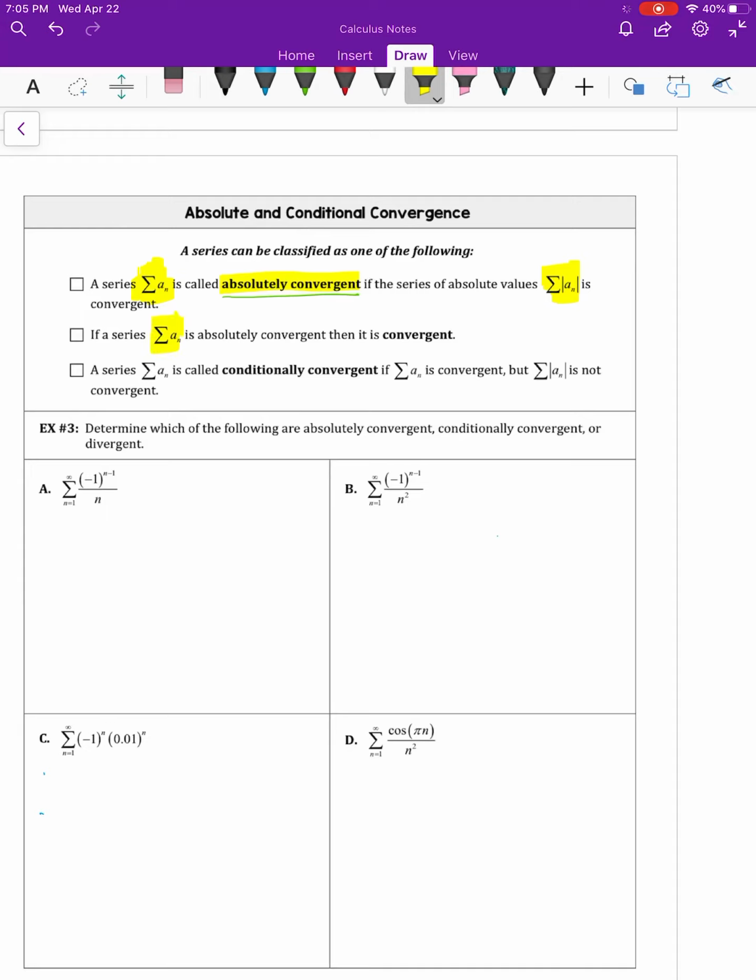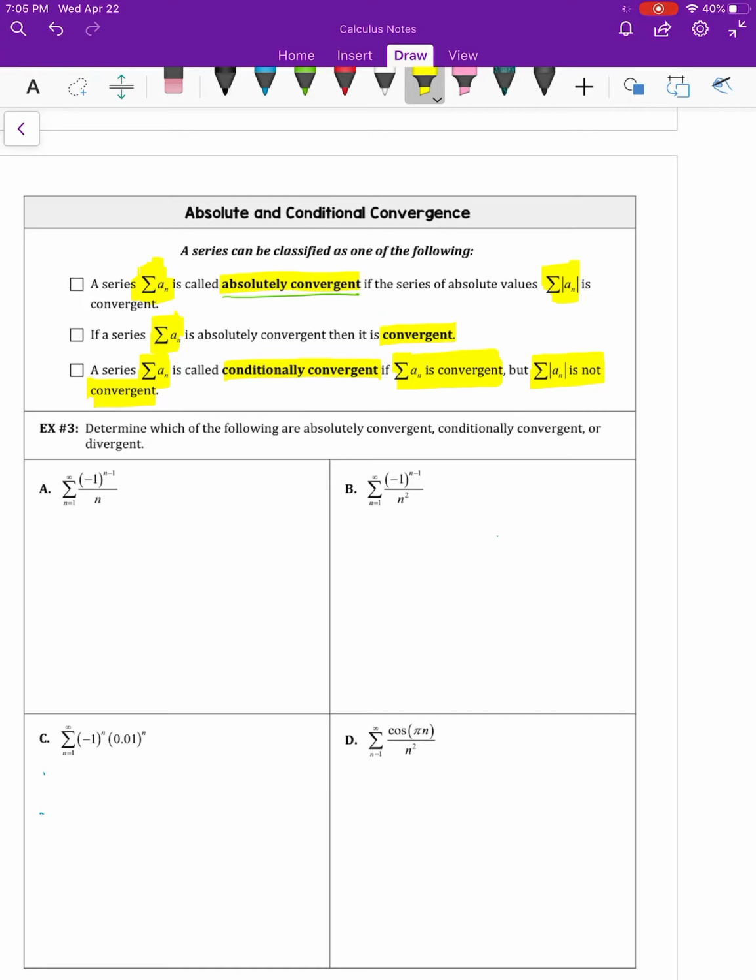So if they're both convergent, notice we're talking about the series that does not have an absolute value sign on it is convergent, and the series with the absolute value sign on it is convergent. Then we call it absolutely convergent. If a series is absolutely convergent, then it's convergent. So absolutely convergent just means convergent.